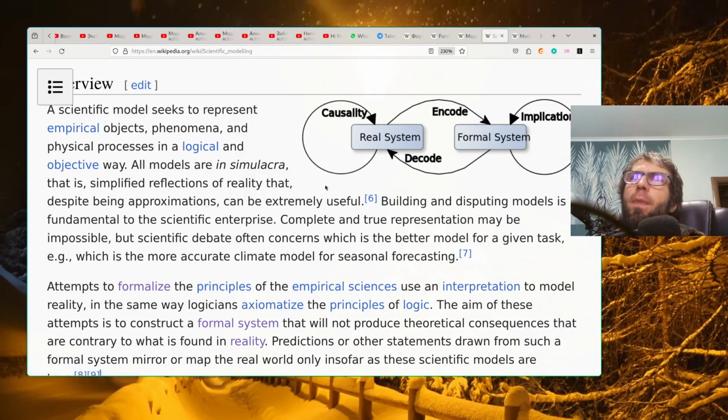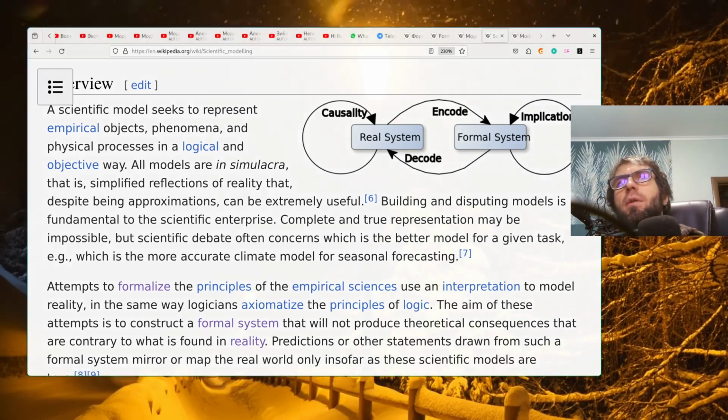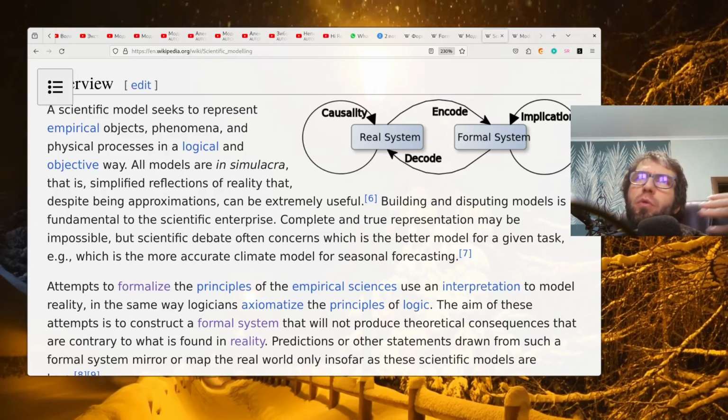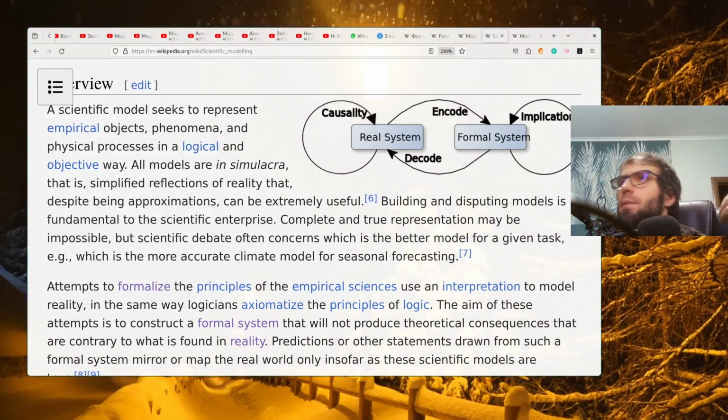Okay, the causality depends on time, but the implication is just a logical construction. After that, the scientist decodes it back to the real system and sees the correlations, and tries to make this formal system's behavior very close to the real system, so that it can predict the real system.